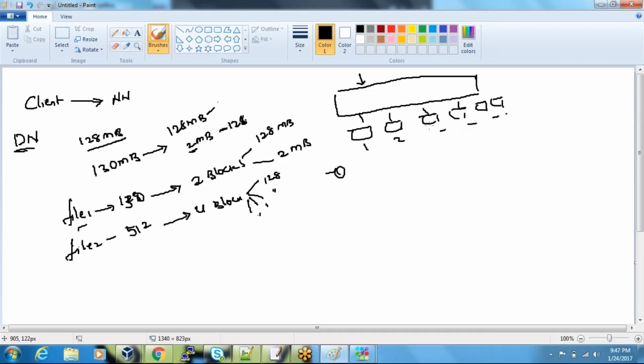The whole disk space given by all these machines will be treated as a single space. So the first two machines are occupied by 2 blocks, and the second file can occupy from here itself.